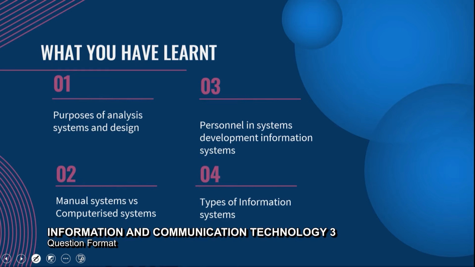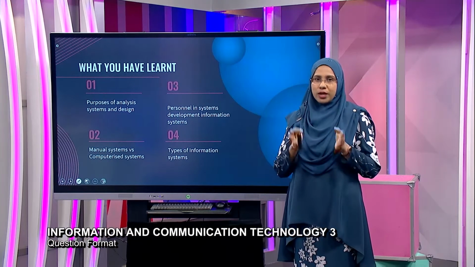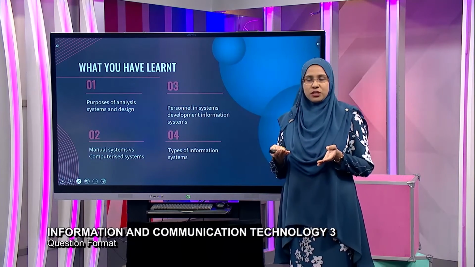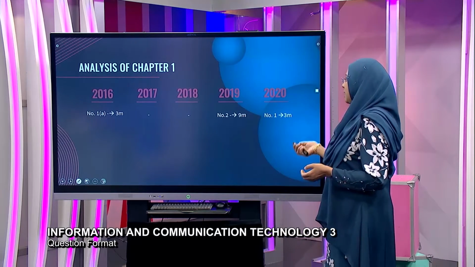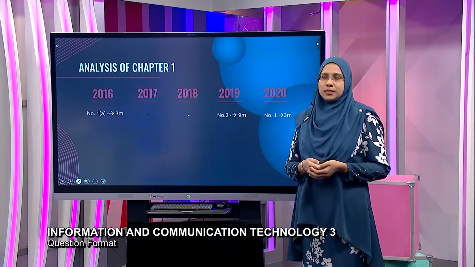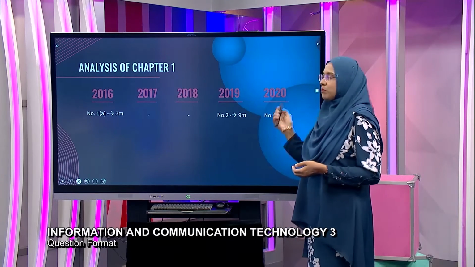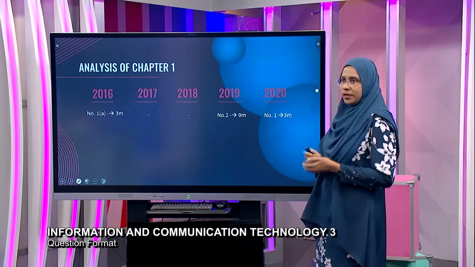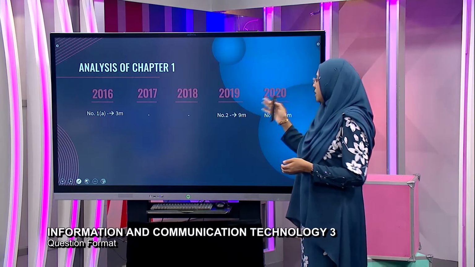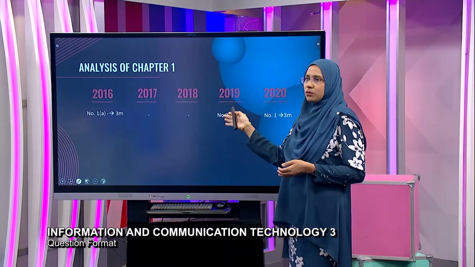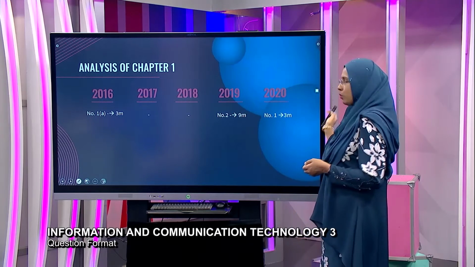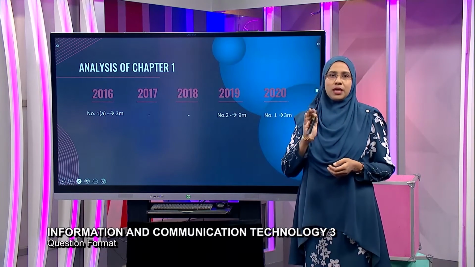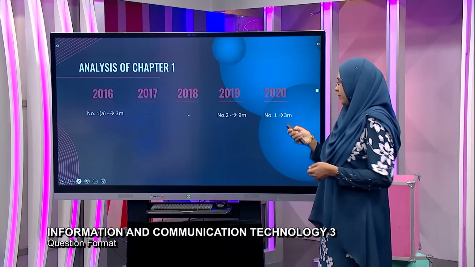In this chapter, you have to read and remember because you will be tested on your knowledge. I did a 5 years analysis from 2016 until 2020. For chapter 1, questions came out in 2016, 2019 and 2020, mostly in section A.